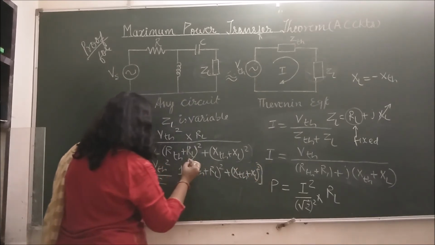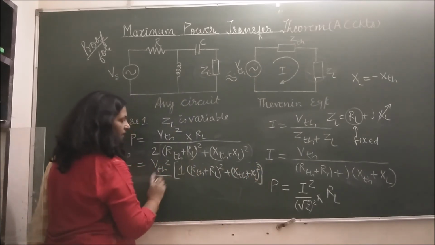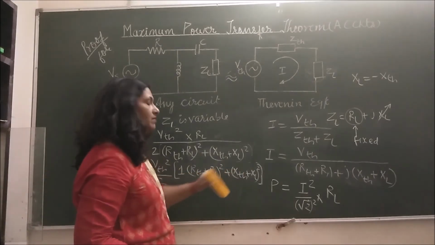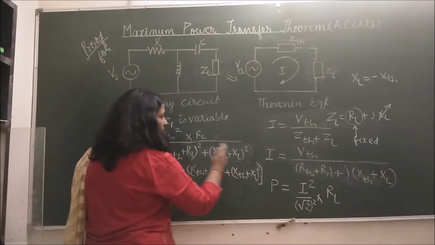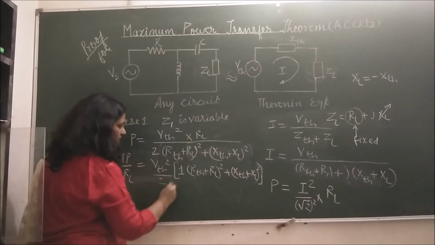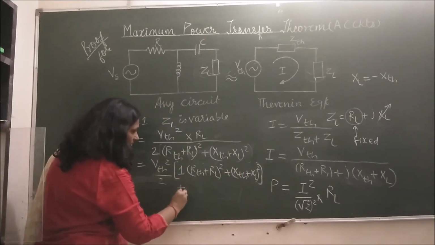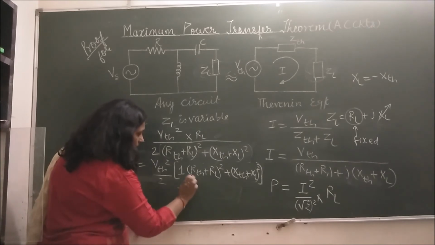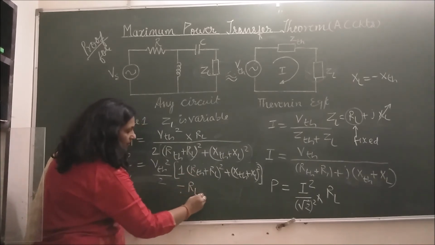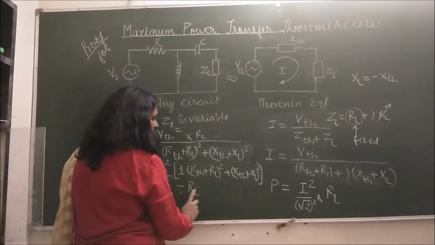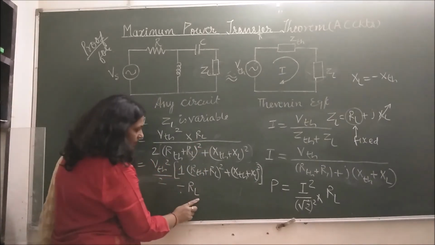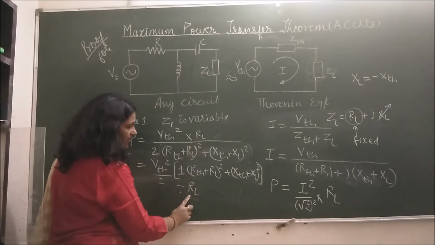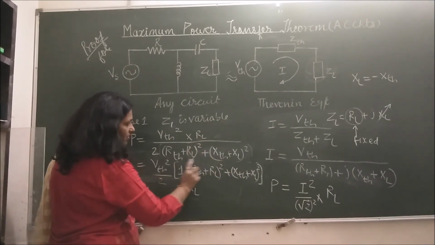This will come as the first term of the derivation. Now we derive the denominator and write the numerator as it is: minus the derivation of the second term multiplied by the first term.